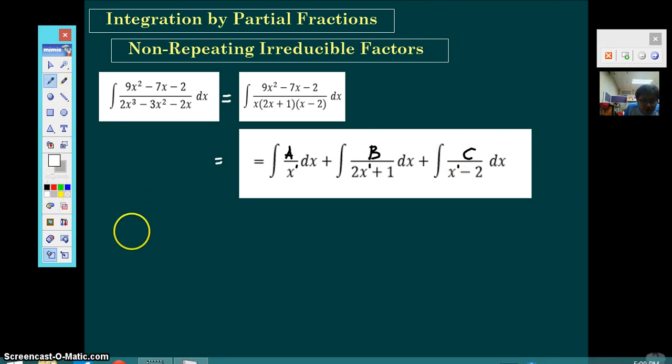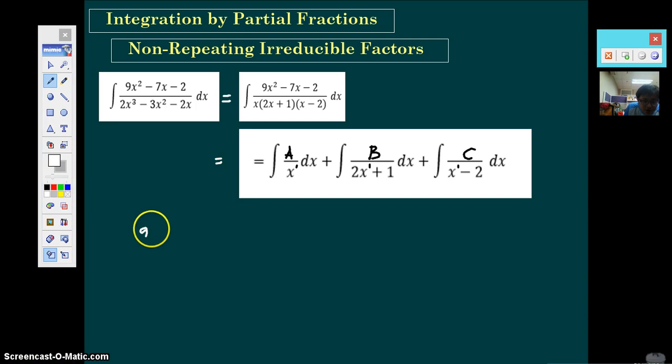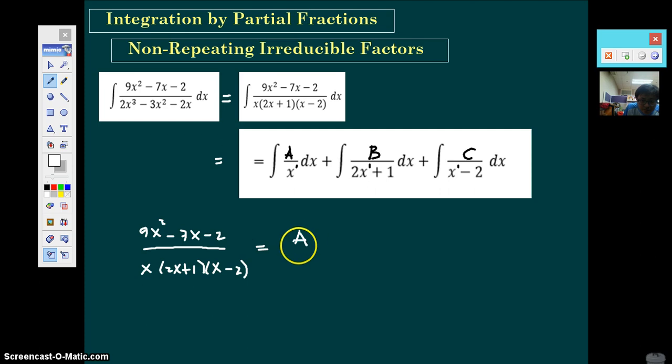Now let's write the fraction as 9x squared minus 7x minus 2 all over the factors x, 2x plus 1, and then x minus 2. It's equal to A over x, and then B over 2x plus 1, and then C over x minus 2.